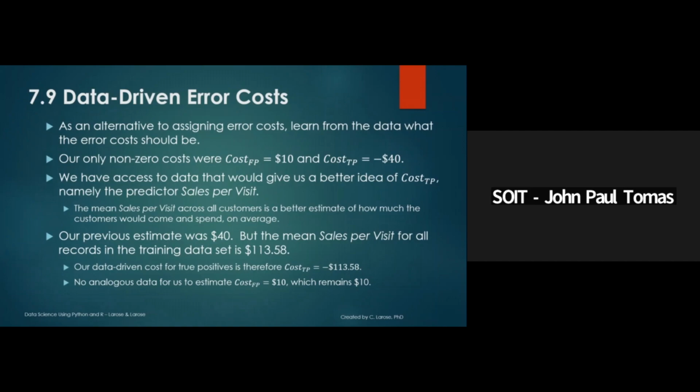Now fortunately, however, we have access to data that would give us a better understanding or an idea of the cost sub TP, which is the sales per visit. This predictor will provide us the average amount of money that we will be spending per visit for each of the customers.